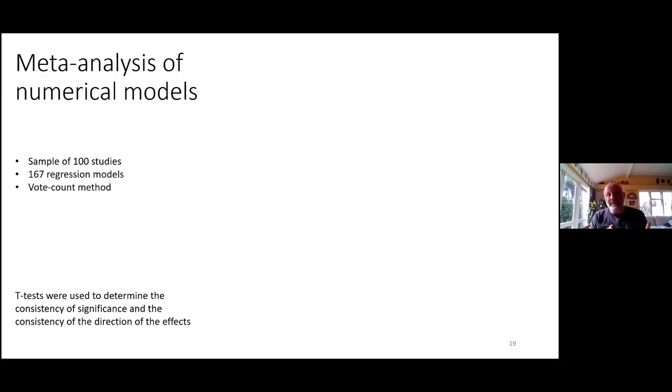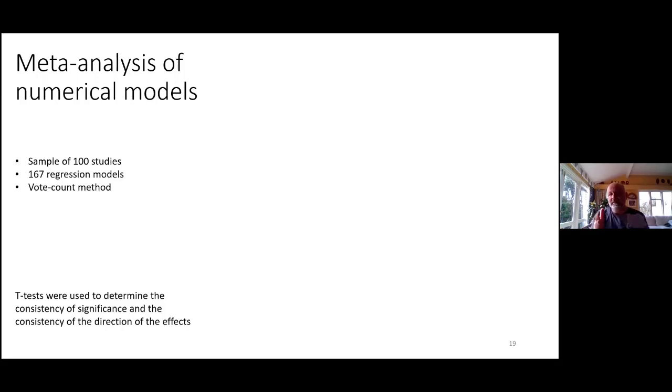So what I did was take a sample of 100 studies, and from those I selected the regression models that were done within them. In many cases they presented several, so I ended up with about 167 examples of adoption from those studies. I could just use a vote count method.